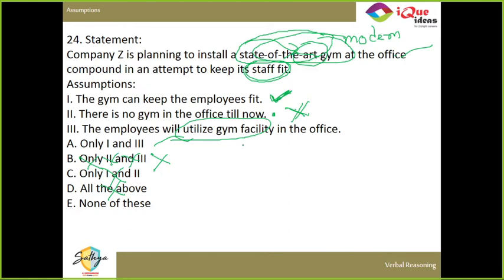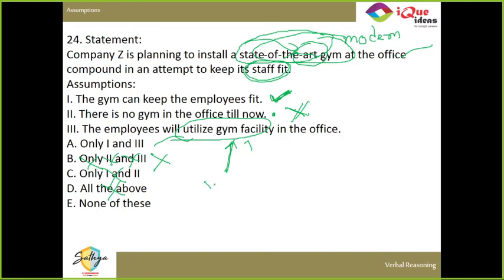See, if I am assuming that they will use it, then I will give it to them. If I don't think they are going to use it, then obviously I am not going to install it. I will give a facility to my employees only when I know that they are going to use it. If it is not going to be used, then there is no need for me to install it, right?